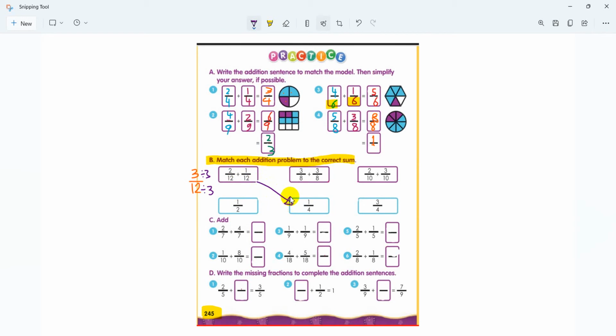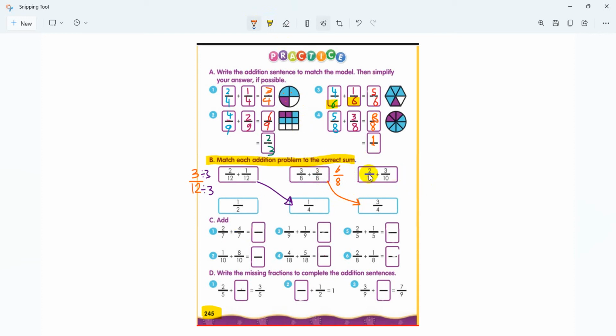It's a quarter here. The first one is a quarter, and the second, 3 eighths plus 3 eighths equals 6 eighths. And also we can simplify this fraction by the greatest common factor for 6 and 8, which is 2. If we divide 6 by 2 we get 3, and 8 by 2 we get 4, so this is the right answer here.